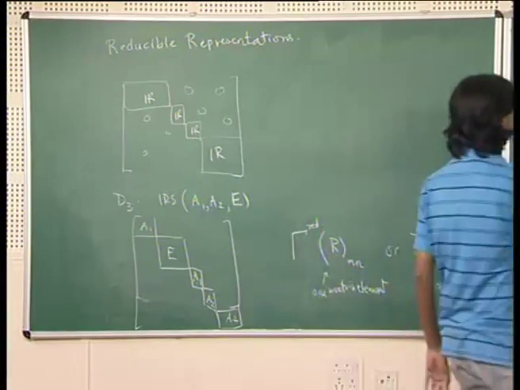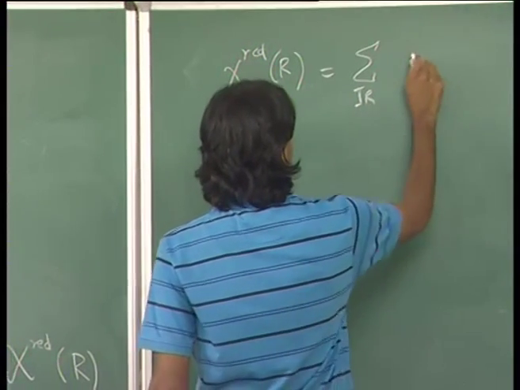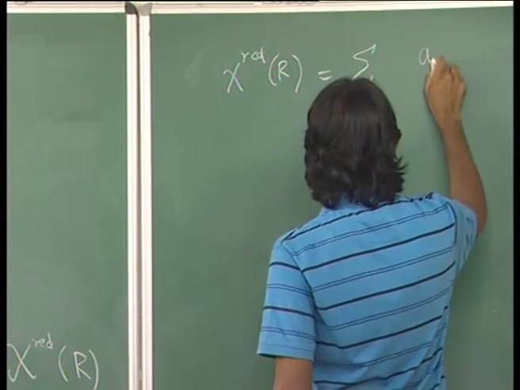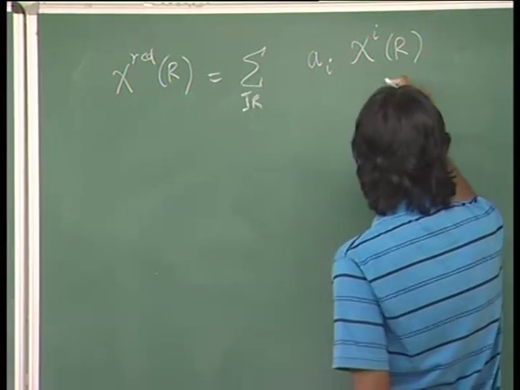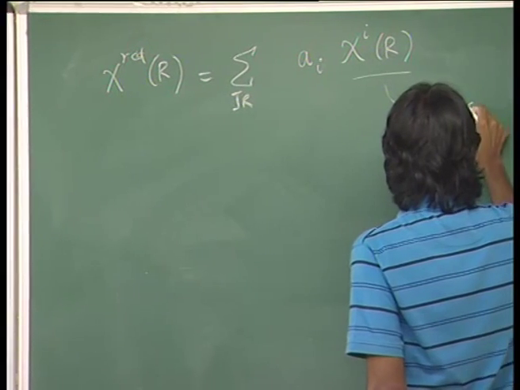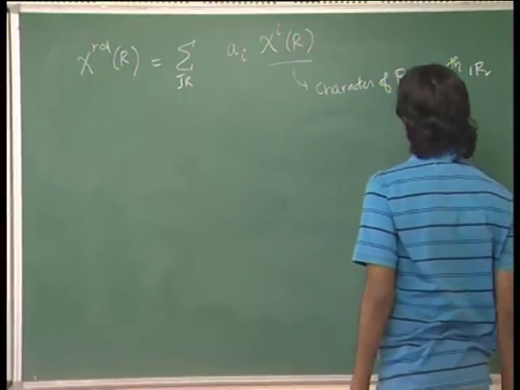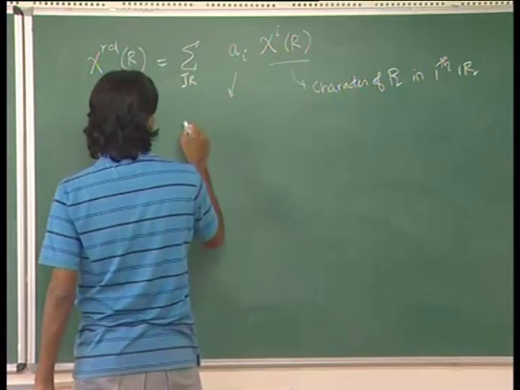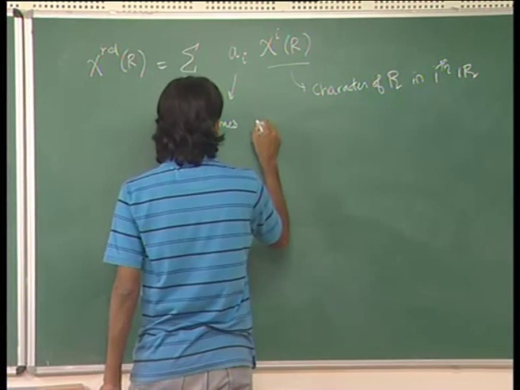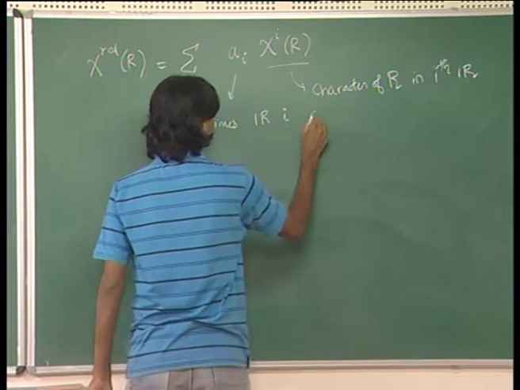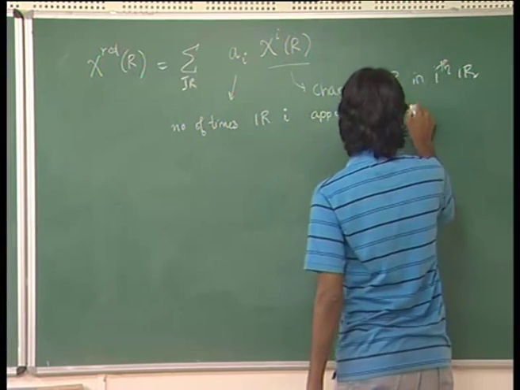So, you can generalize this in the following form: sum over all irreducible representations A_i chi_i of R. So, this is the character of R in the ith irreducible representation, and A_i is the number of times irreducible representation i appears in the reducible representation.